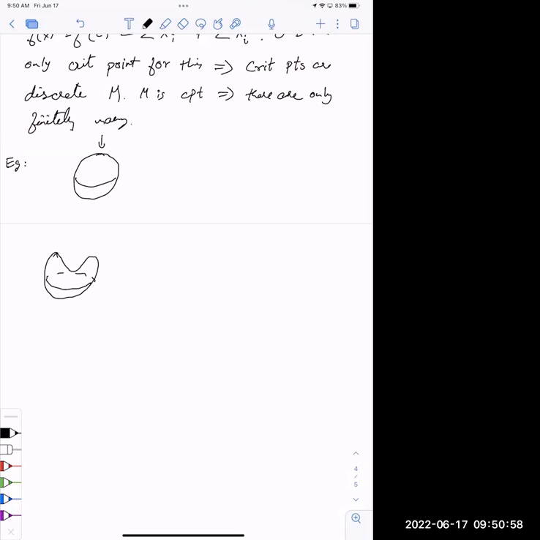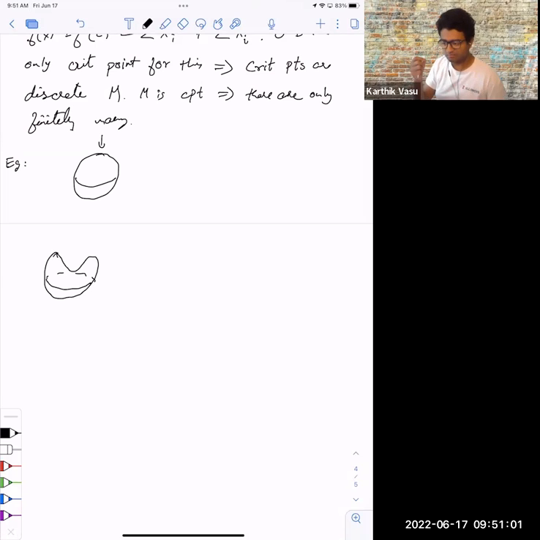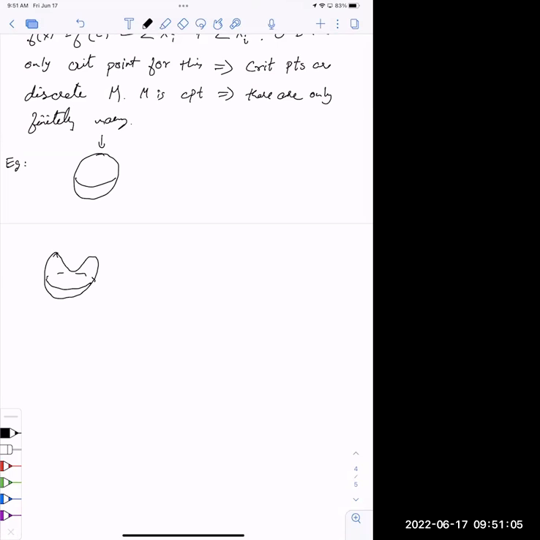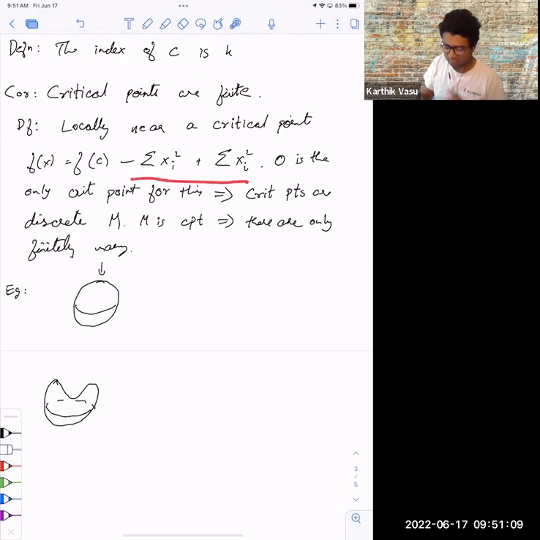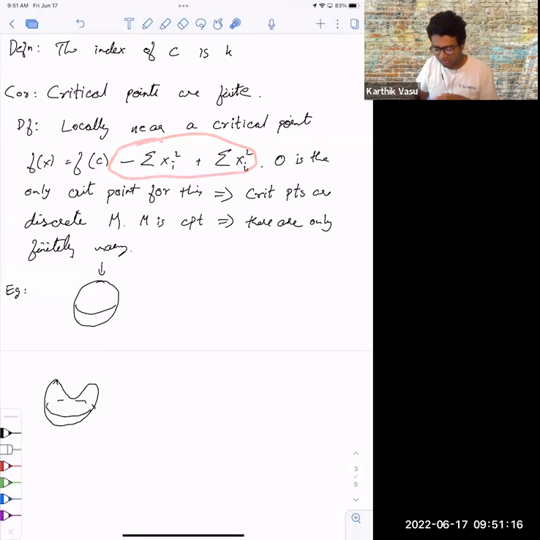Okay, so you just want to have one point where the topology changes, sort of. Yes, locally exactly. If you draw the local pictures in 2 or 3 dimensions, you either want a local minimum, local maximum, or saddles. You don't want any other kind of thing.